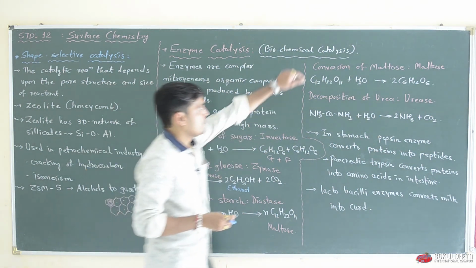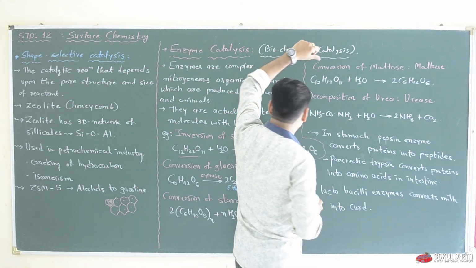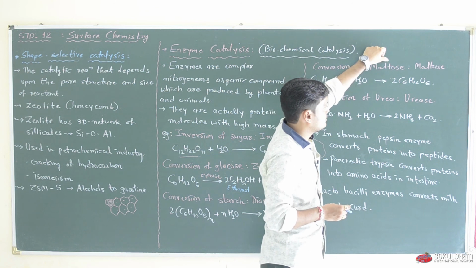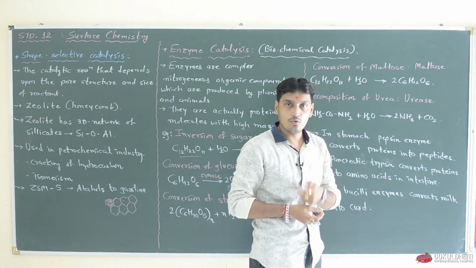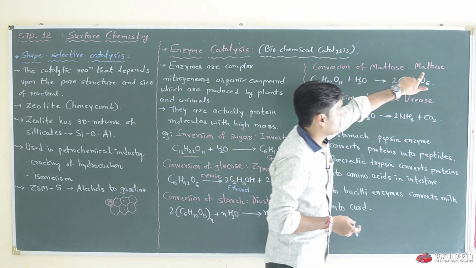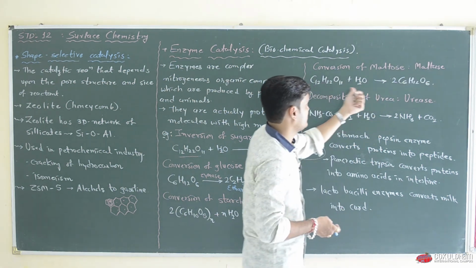Okay. And our next example is conversion of maltose into glucose. The enzyme used is maltase. Okay, the reaction is the same again.